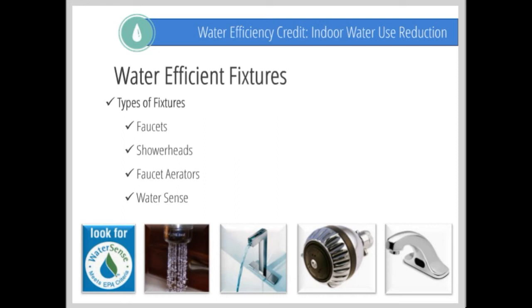Self-closing faucets with sensors are similar, but these faucets shut off after a designated time rather than a certain amount of water. Infrared faucets, or hands-free faucets, start and stop dispensing water when they detect or do not detect motion or objects.